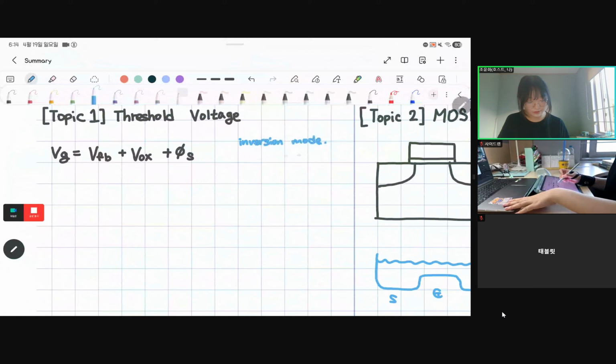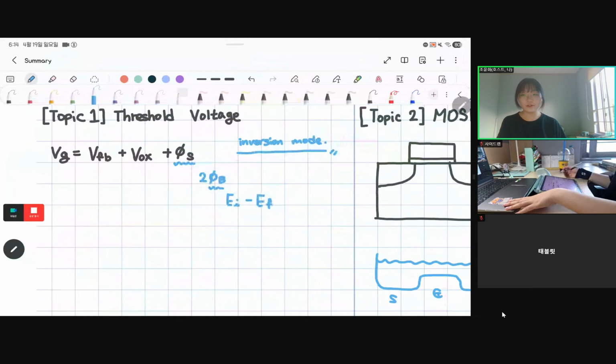When the inversion mode starts, the substrate voltage is 2 phi B, and 2 phi B means intrinsic Fermi level minus Fermi level.